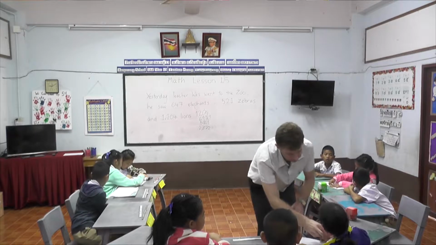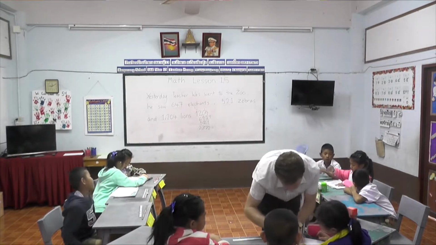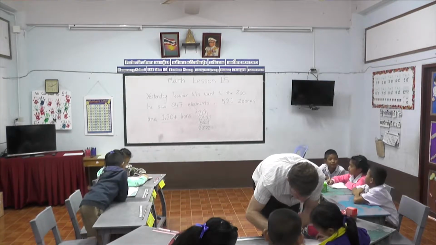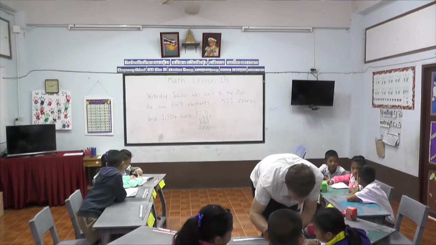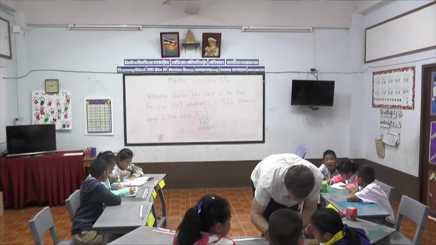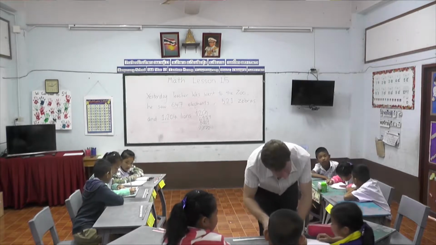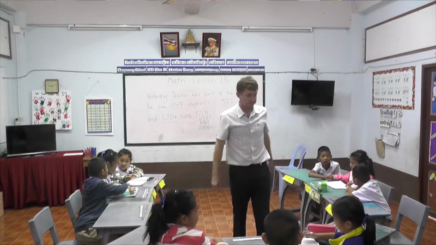Apple like this. Apple. Nearly, it's just the other way round. And if it's more than 1, we add S. 59 apples. Very good.